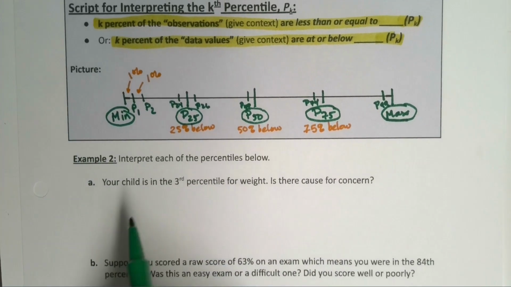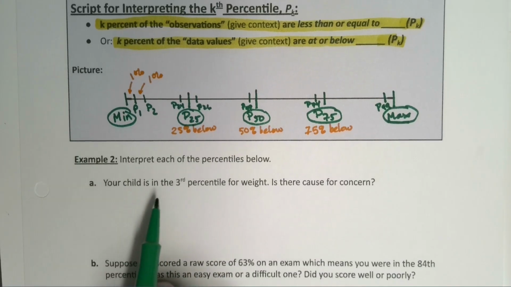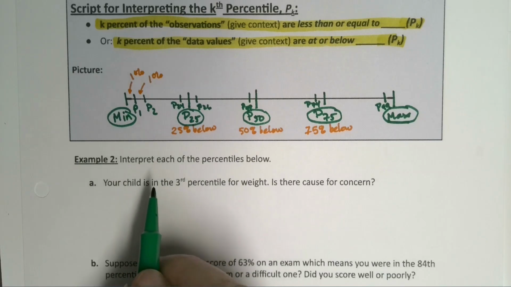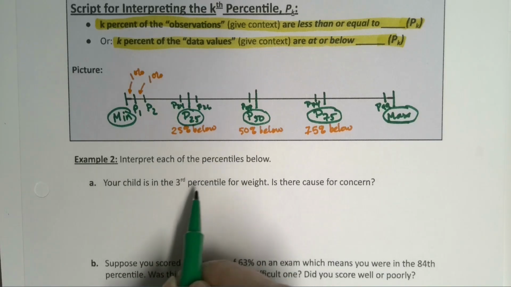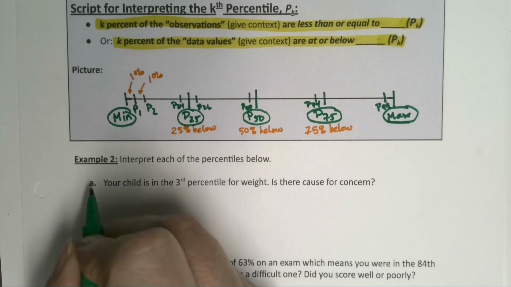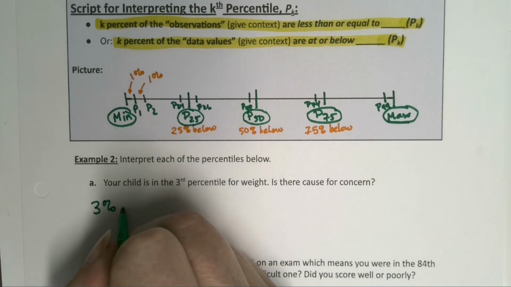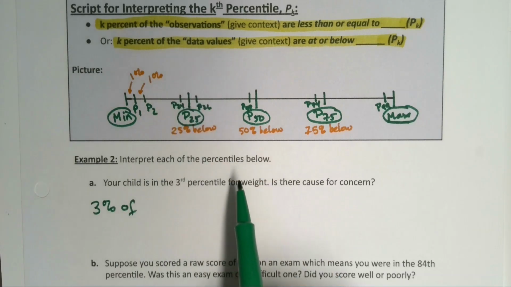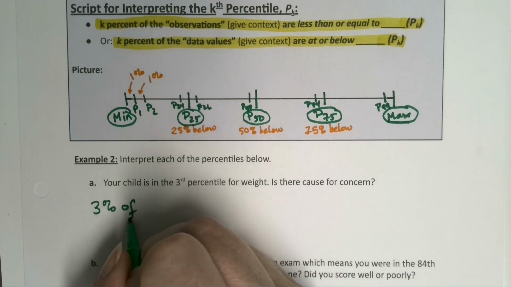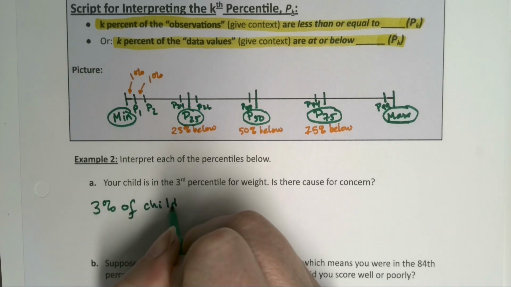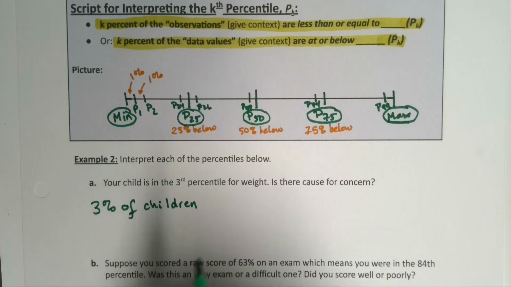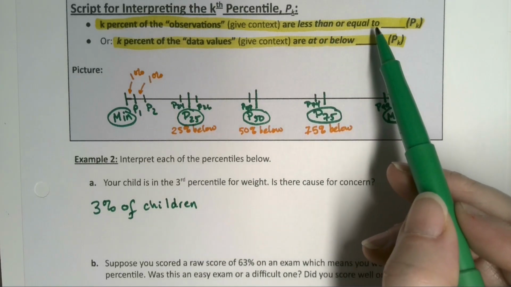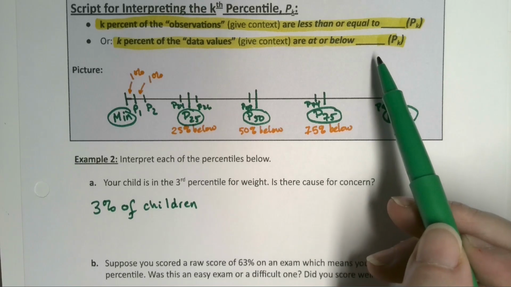So let's start with the interpret piece. You take your percentile and you turn it into a percent. So in other words, your child is at whatever P3 is. So you'd say 3%. So 3% of, and then what would the data values or observations be? It'd be children. So 3% of children are less than or equal to your child's weight, or at or below your child's weight.